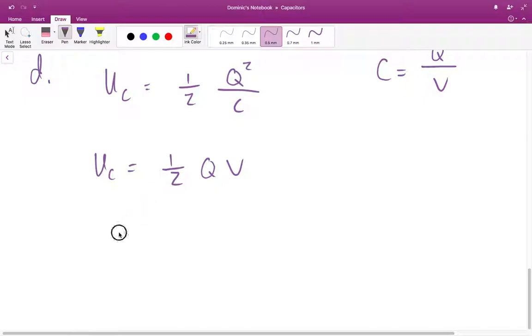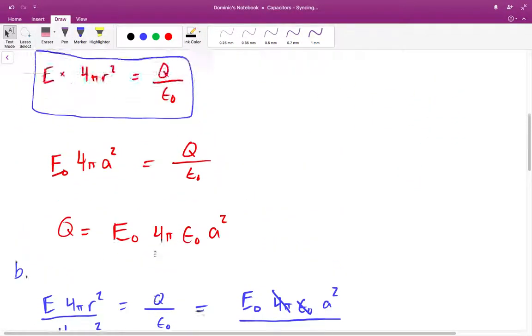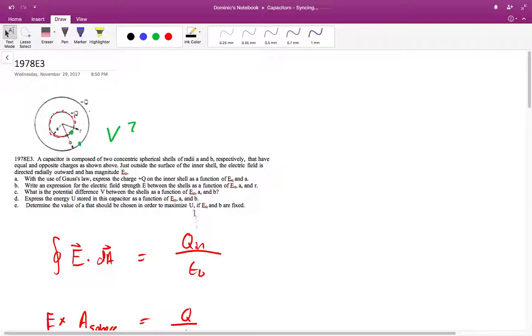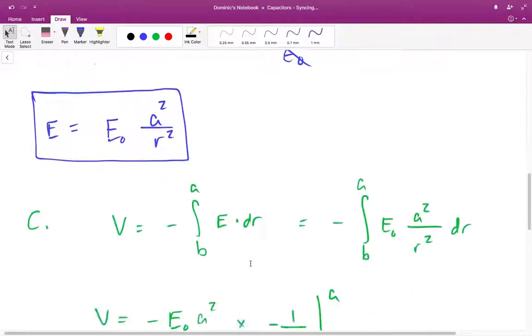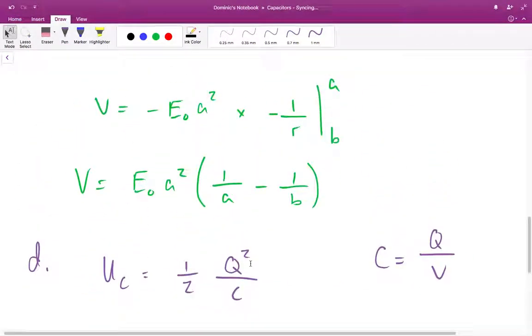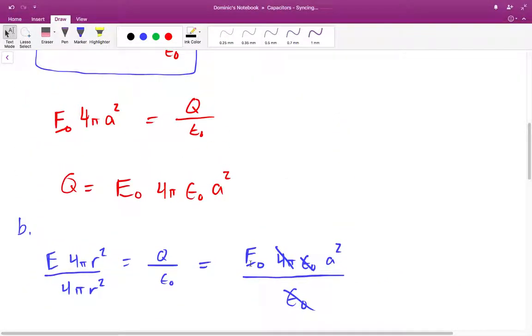So what we're going to end up with is a 1/2, and again, the problem asks us to do it in terms of E naught, A, and B. So we know what Q is. We found that earlier. Q is this right here: E naught 4 pi epsilon naught A squared.